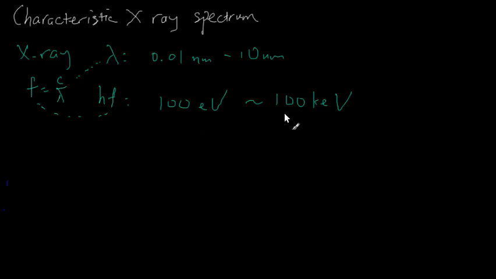So if you want to produce a photon with 100 keV energy, you must use a voltage to accelerate the electron beam up to 100 kilovolts. Then the electron will gain this amount of kinetic energy, which can produce such a photon through the braking effect when it hits the metal target.